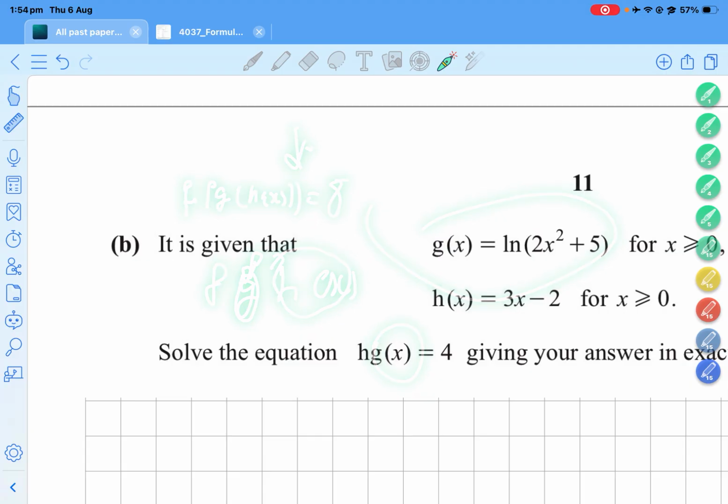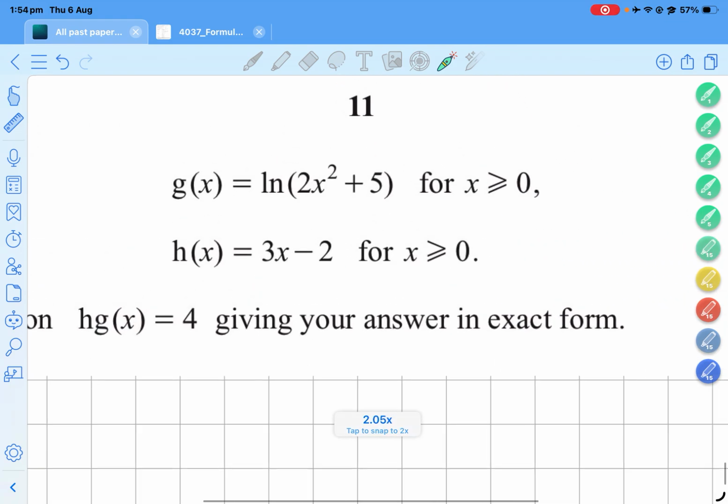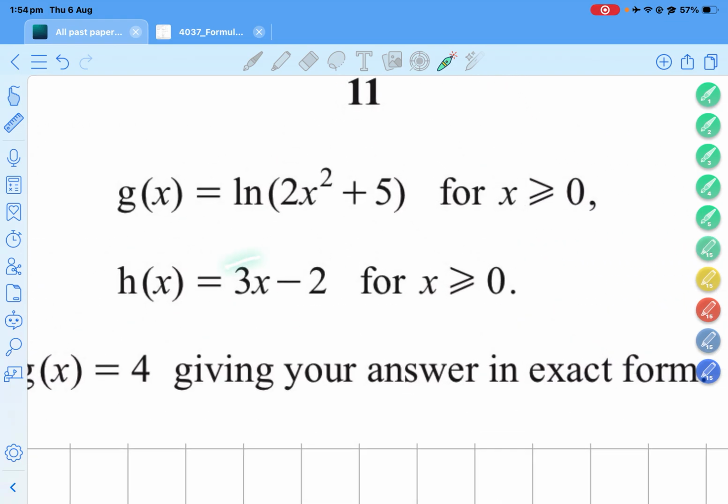So you will not be able to solve this unless I told you to work from this. First do h of x, then do g of x. So what do I mean? I mean set 3x minus 2 equals 4.